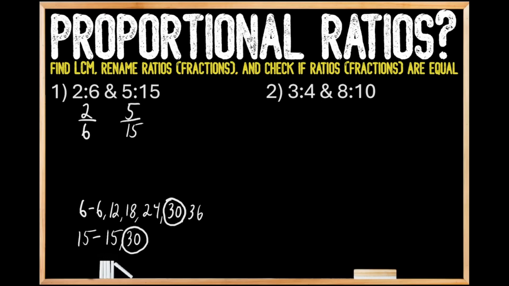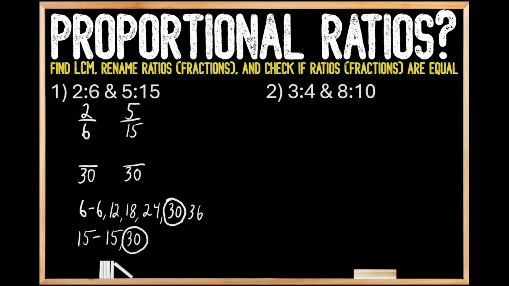So down below, we're going to rename these ratios, or fractions, with a denominator of 30, or a bottom term with a value of 30.